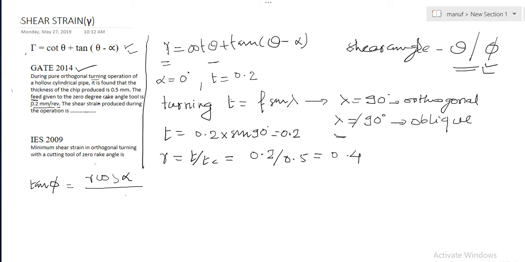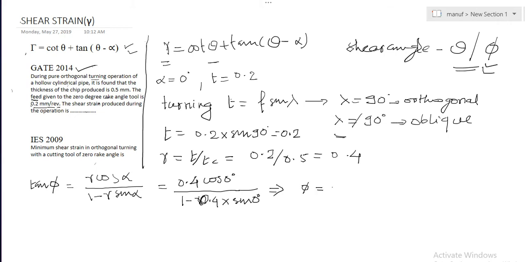So I can write 0.4 into cos 0 degree upon 1 minus 0.4 sin 0 degree. So that implies phi equal to 21.80 degree.